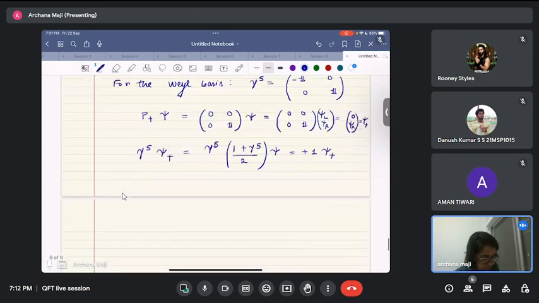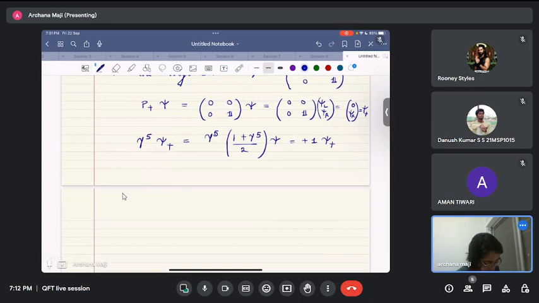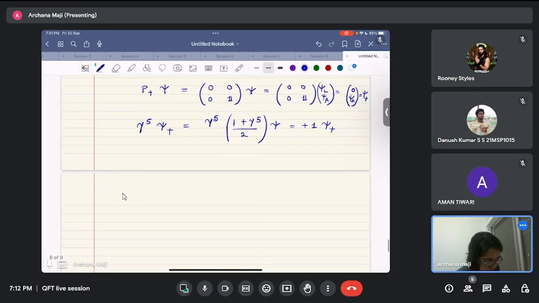Sorry, I think this is becoming very abstract, but just ask me questions, then it will probably be clear to you what I am trying to say. So psi plus is an eigenstate of gamma 5. Gamma 5 is also called the chirality operator. Eigenstate of gamma 5 with eigenvalue plus 1.